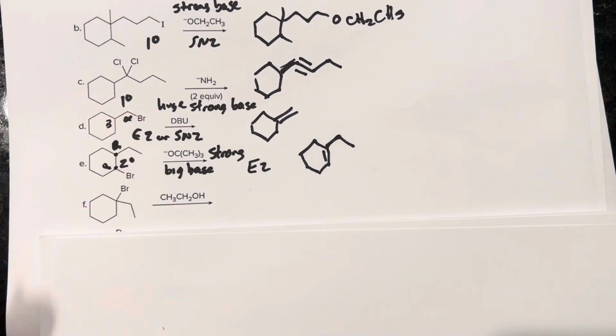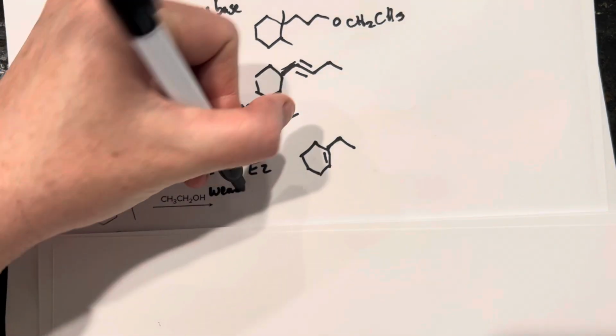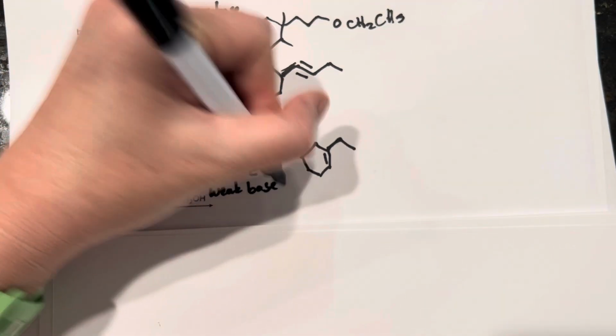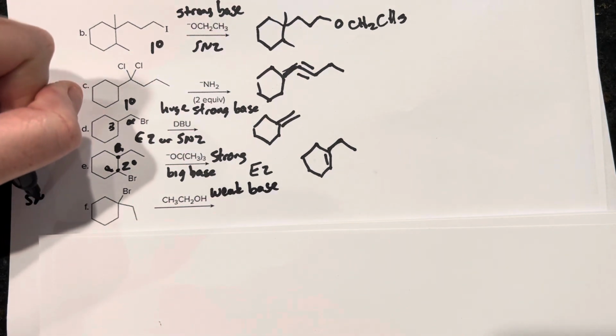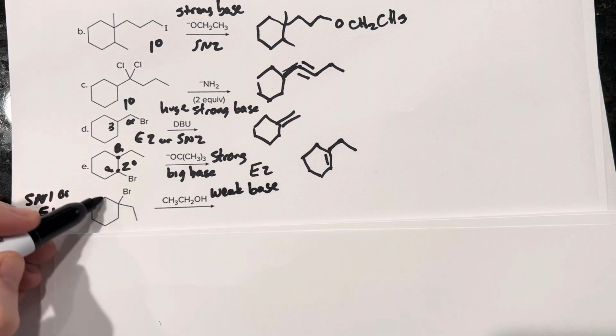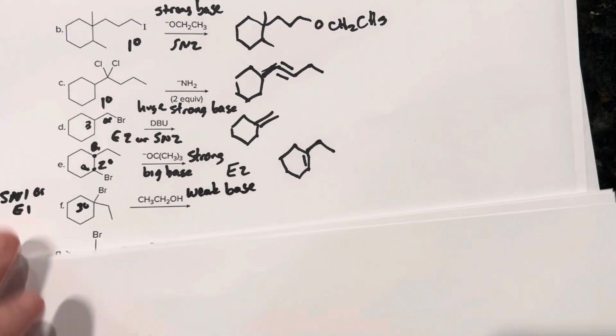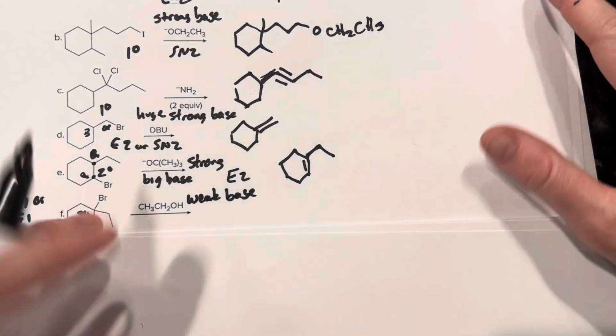Okay, let's keep going. Here we have, notice this is a weak base. About time we had something that was SN1 or E1. So that makes it SN1 or E1. This thing is tertiary, so that means it can go via either. Cool. So let's go ahead and knock it out.